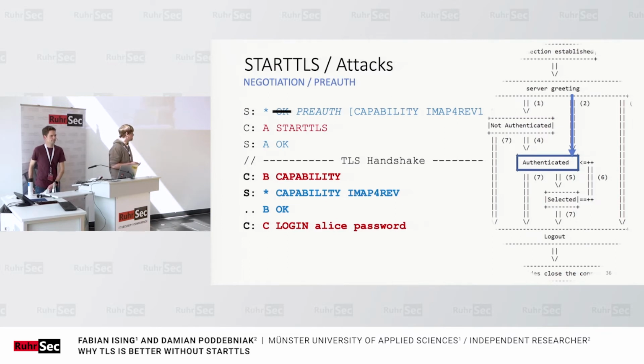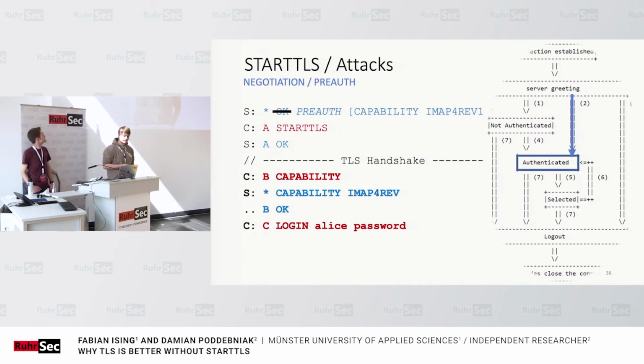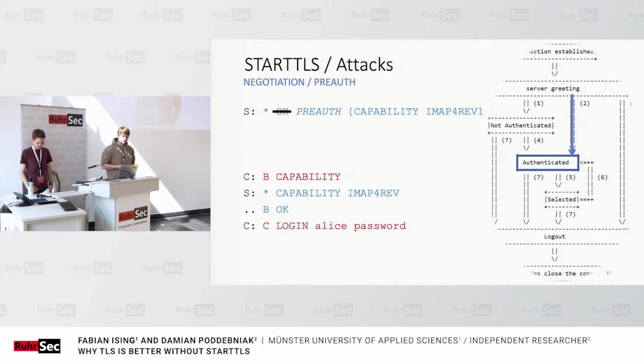But now something interesting happens. IMAP is pretty specific about which commands are allowed in which state, and the STARTTLS command is not allowed in the authenticated state. This means that the client would basically violate the specification should it do the STARTTLS command. But the alternative is clearly to do something similar to STARTTLS stripping by not doing the STARTTLS transition at all.